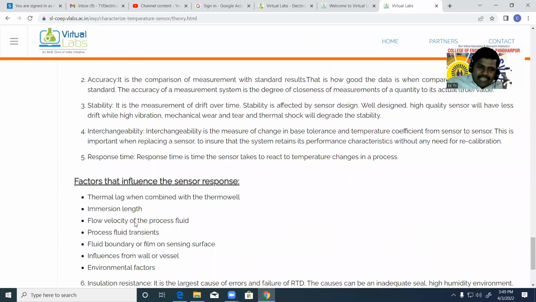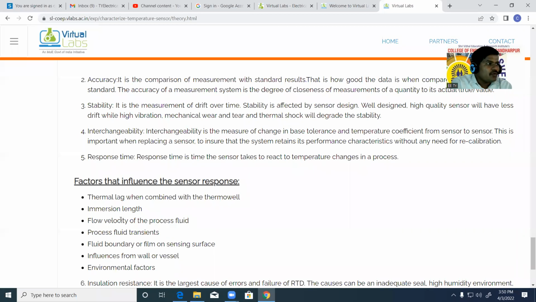Some factors influence the sensor response. The first factor is thermal lag when combined with the thermowell. The second is immersion length, how much it is immersed. Depending upon immersion length, it will influence the sensor response. Flow velocity of the process fluid.